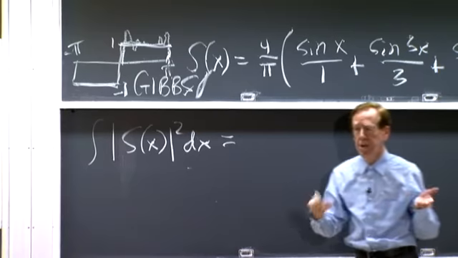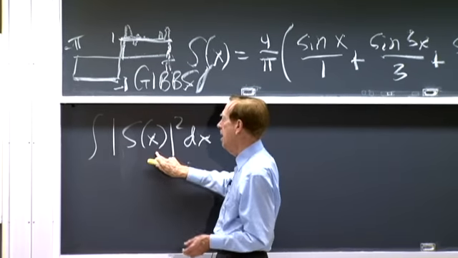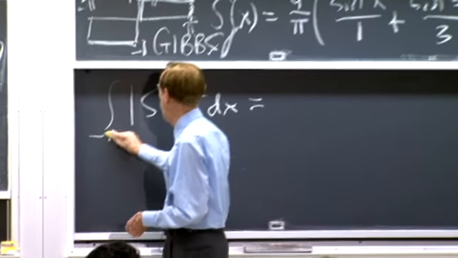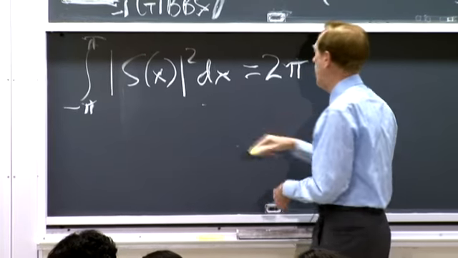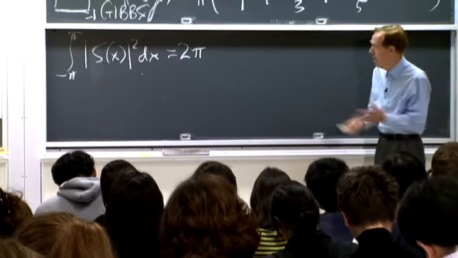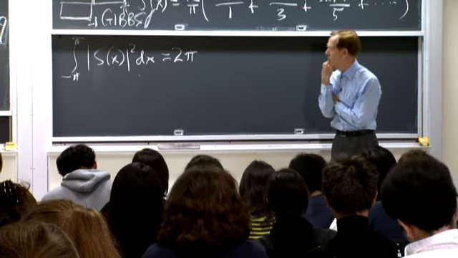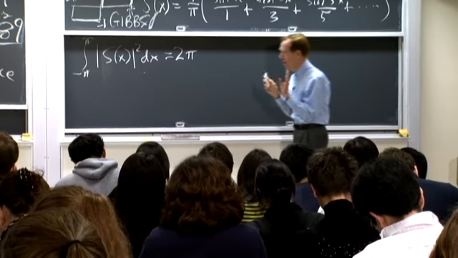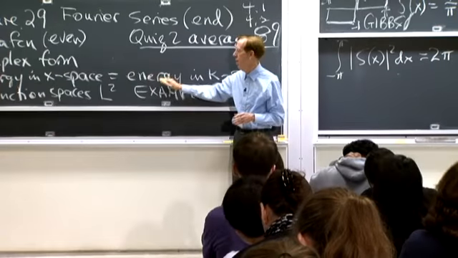When I square those, S of x squared is 1 everywhere, so I'm integrating 1 everywhere from minus pi to pi, so I get the answer 2 pi. So that's a case where the energy in the physical space, the x space, was totally easy to compute. Now, what about energy? What is this equality, this really neat, easy to remember equality?